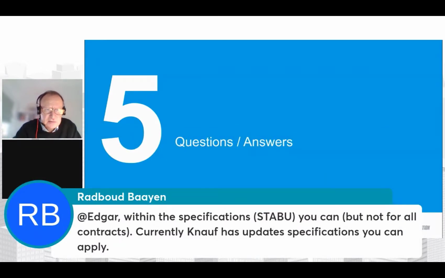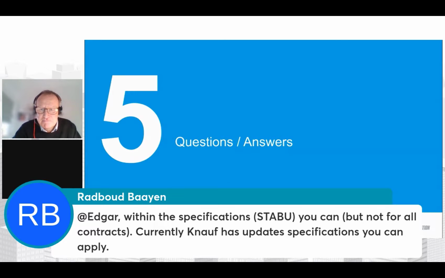And Radboud, hi Radboud, was responding to one of Edgar Vesterhoven's comments earlier. He's saying, Edgar, within the specification, Stabu, you can, but not for all contracts. Currently, Knauf has updates, specifications you can apply. I think that's when Edgar was asking whether you can select brands, as it were, at what stage in the process can you select specific brands.